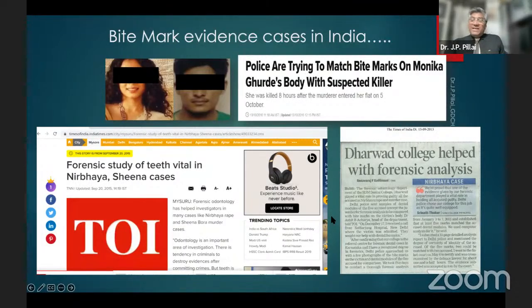And the landmark case, very well known in India, is the Nirbhaya case, where the first forensic odontologist, Dr. Ashita Acharya, performed the investigation, and based on this report, in Delhi, the conviction happened. So these are the classical cases in India where bite marks were investigated by forensic odontologists. In this Goa case also, it was investigated by dentistry.